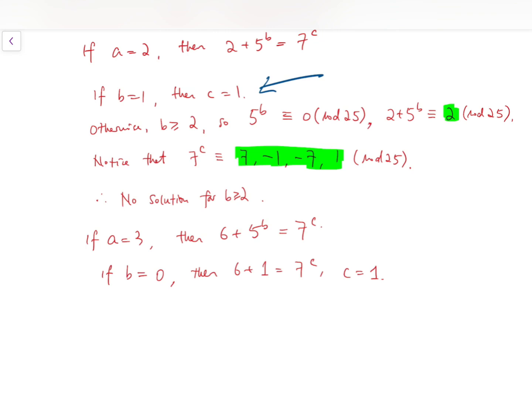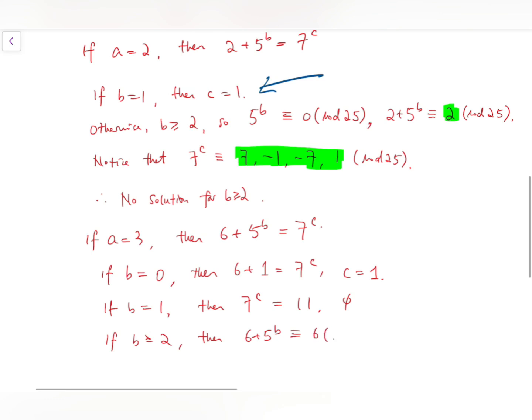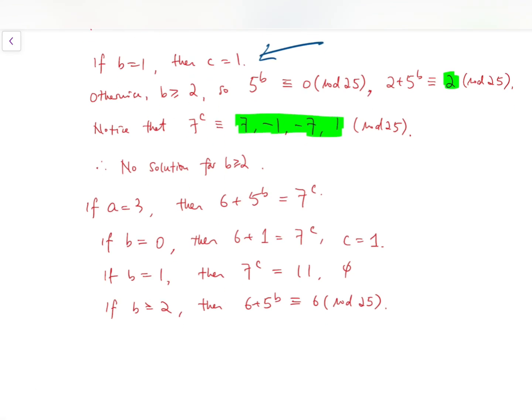Okay, we have another pair of solutions. If b equals 1, then 7 to the power c equals 11, no solution. And otherwise, the left hand side can only be 6 mod 25. So that means no solution because we can pull this down again. So no solution.